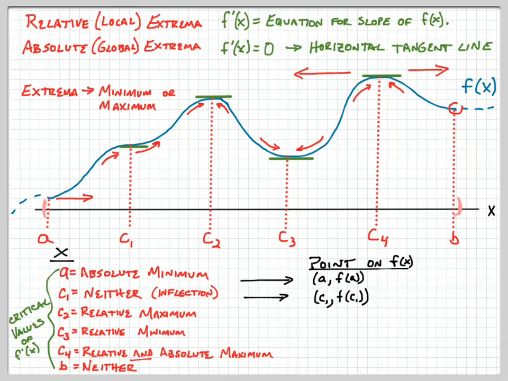So f of C1 is going to give us the value of the function. And this continues on for all of them. It obviously follows the same patterns for the relative maximums and minimums throughout. So this is just an introduction to extrema values, relative and absolute, and we'll get into some more application of these in later videos.